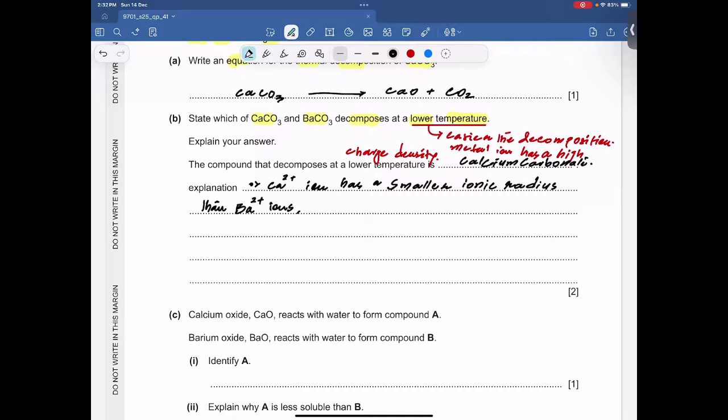All right, which means calcium ion has high charge density. If calcium ion has a high charge density, then it means calcium ion has a strong polarizing power.